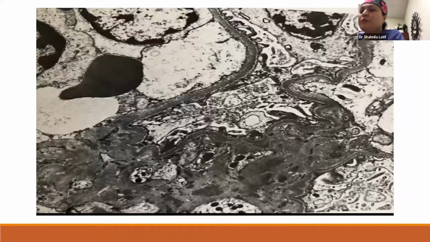And this is the EM picture of class 1. You can see the capillary loops are there, the podocytes are there, and then in the mesangium, those dark densities are the small deposits in the mesangium. And when we see this and we correlate this with IF, then we call it class 1.